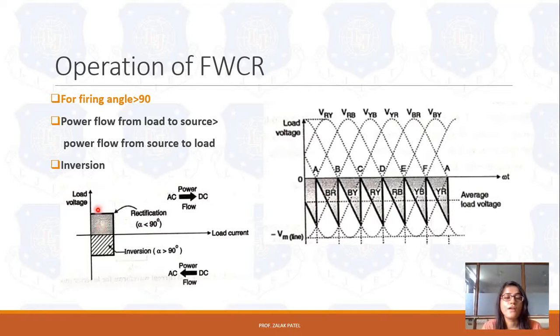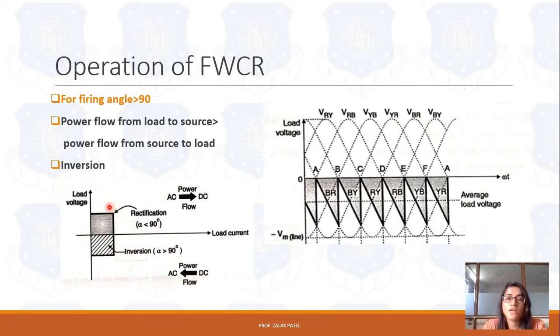So this is called rectification, that is, first quadrant operation. In case of inversion the values are negative, so the inversion region is below the zero level. This is how the FWCR operates in two quadrants.